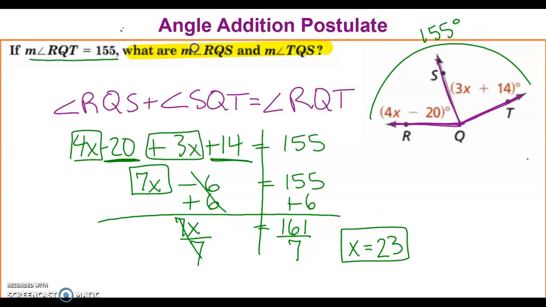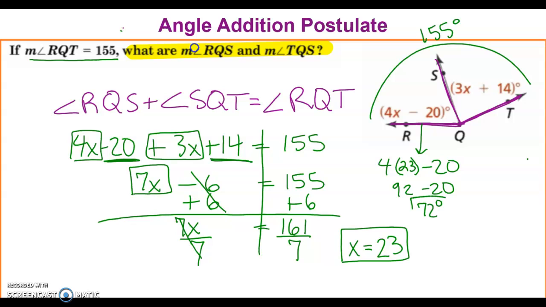So let's do this one first. Angle RQS, 4x minus 20. We already know x is 23, so we're going to replace the x with 23. 4 times 23 is 92. 92 minus 20 is 72.